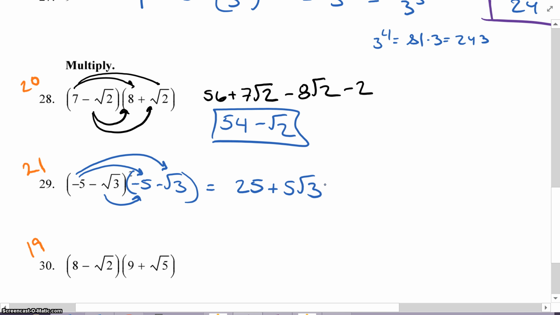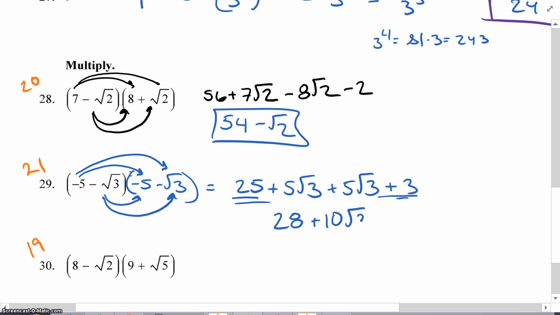Negative root 3 times negative 5 is positive 5 root 3. Negative root 3 times negative root 3 is positive 3. Sum like terms. So I'm going to get 28 plus 10 root 3. There's nothing more I can do. So we're done with that one.